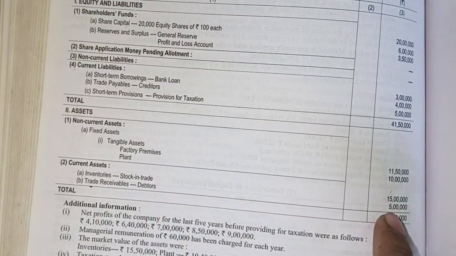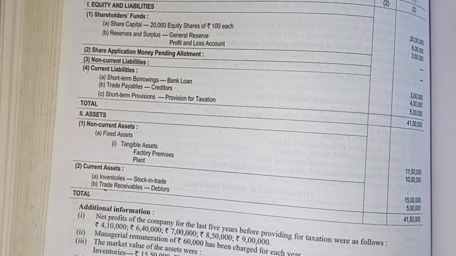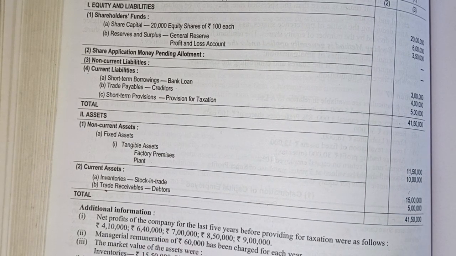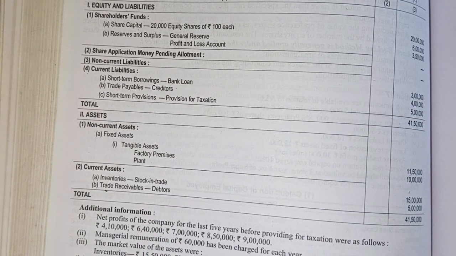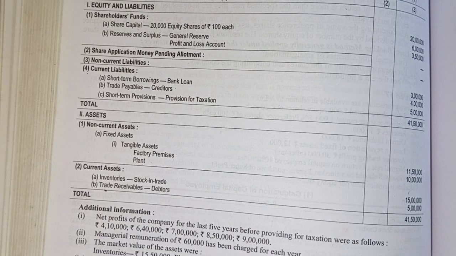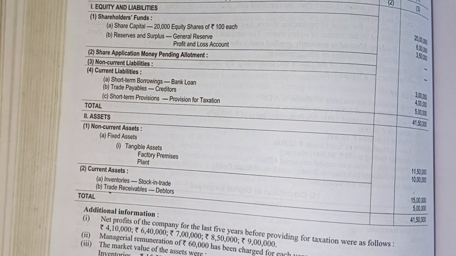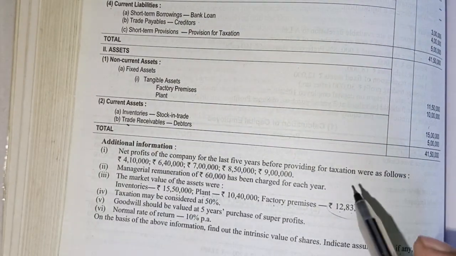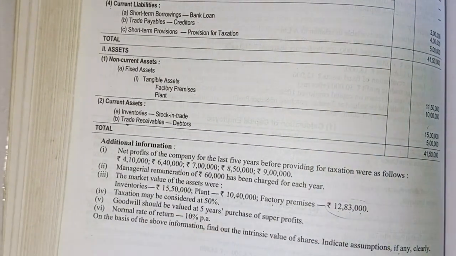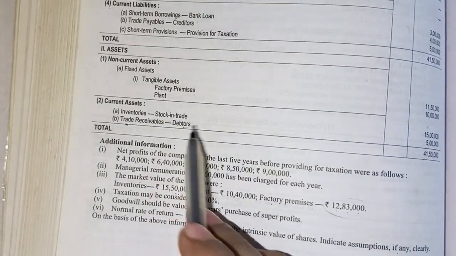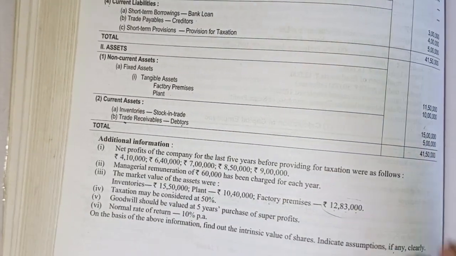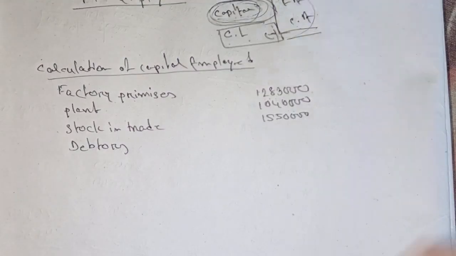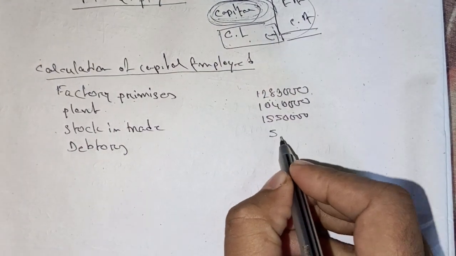Debtors is given 5 lakh, and additional information, I think nothing else. Yes, additional information is nothing about the debtors. So that time we will consider this value, 5 lakh. Debtors is 5 lakh.